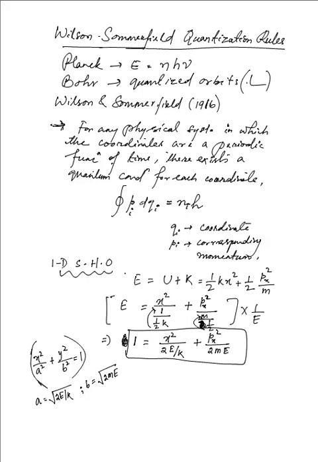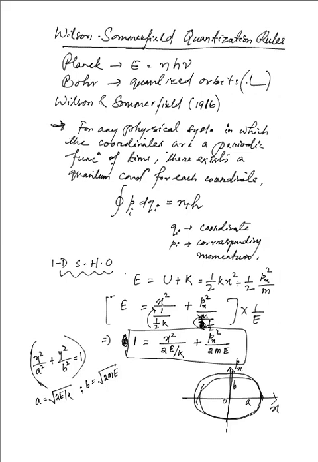This is the ellipse, this is the value of b, this is the value of a, and this is the origin, this is the x-axis, and instead of y we have the px axis. So this is the momentum and coordinate space, or coordinate momentum space, whatever you like.